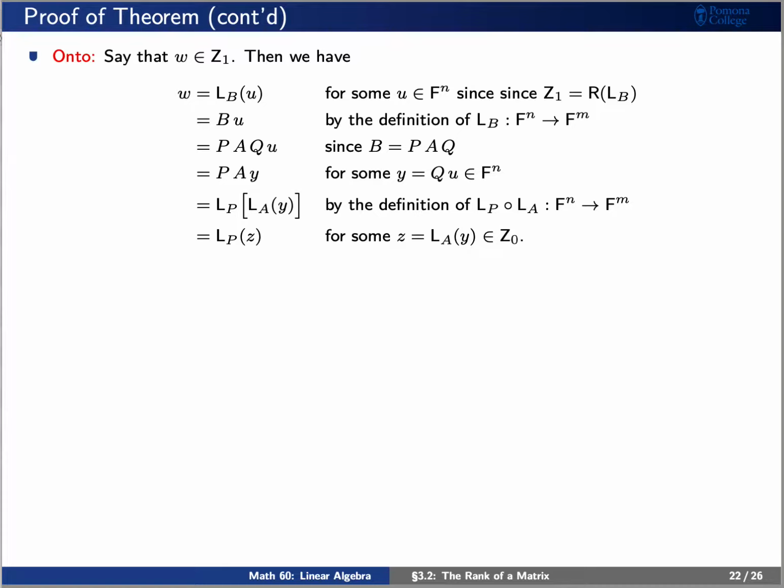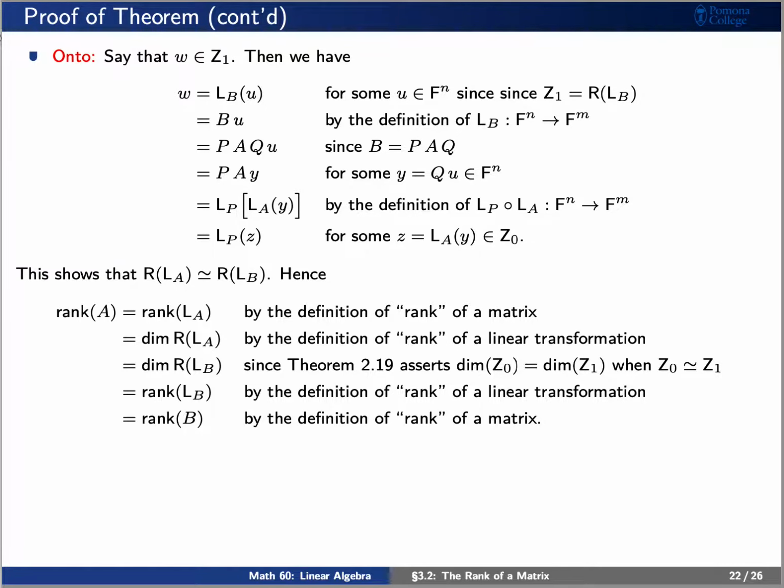The intuition here is that our element u lies in the lower left-hand corner as before. So now we've proven that Z0 is isomorphic to Z1, that is, the range of L_A is isomorphic to the range of L_B. But now the rank of A, which is by definition the rank of L_A, is just the rank of L_B, which is by definition the rank of B.